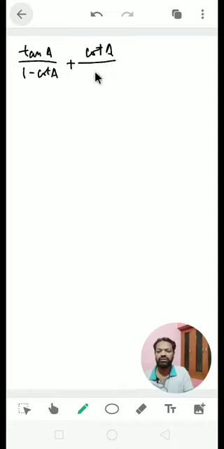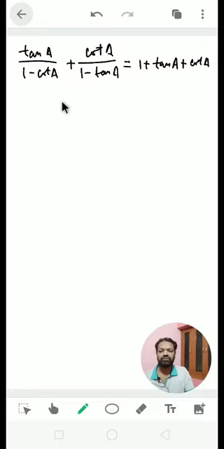The question is tan A upon 1 minus cot A plus cot A upon 1 minus tan A should give 1 plus tan A plus cot A. So this is the identity.